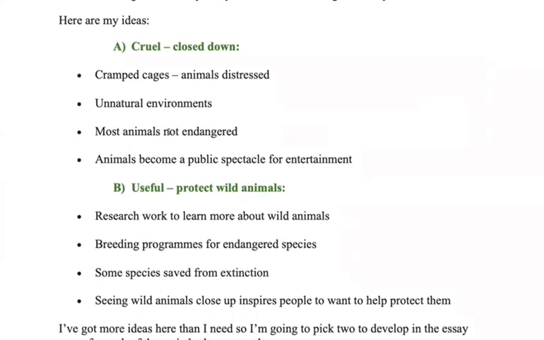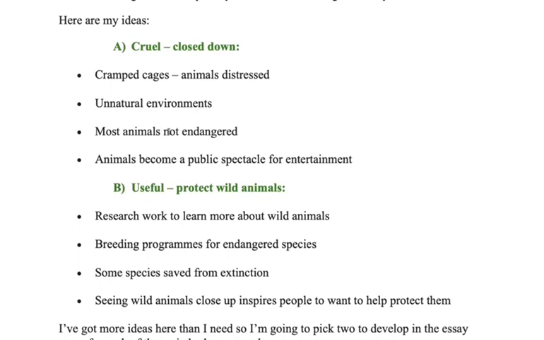Other people say, no, zoos are useful. They protect wild animals. Okay, so they believe in research work to learn more about wild animals. Breeding program. So when we are talking about a breeding program, it means the planned breeding of a group of animals, okay, for endangered species.